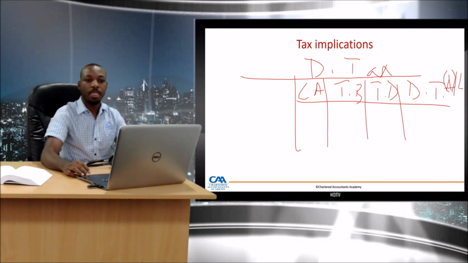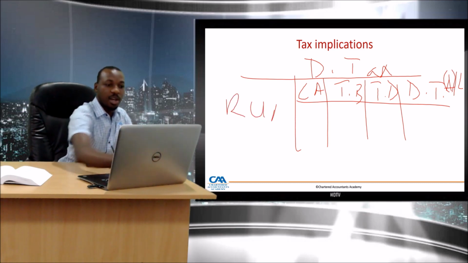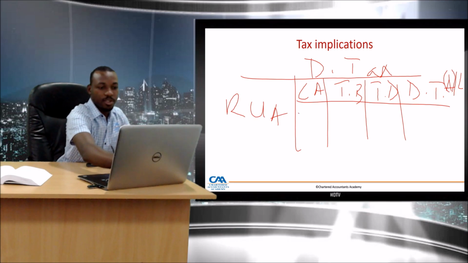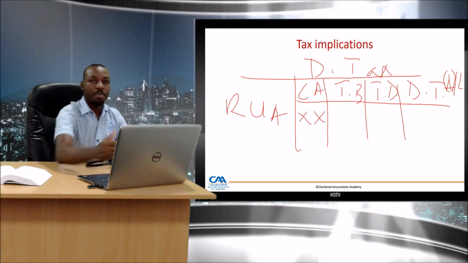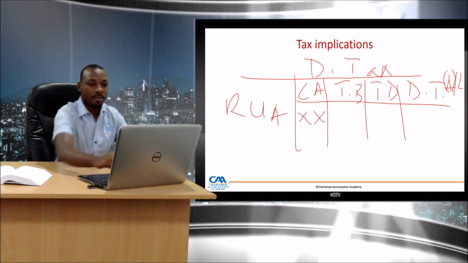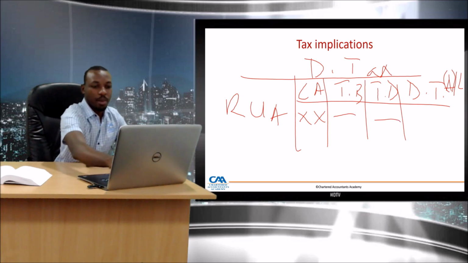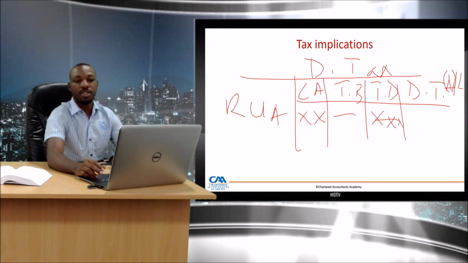So remember, if it's a right of use asset, you're gonna get your carrying amount over there, but ZIMRA has no idea what a right of use asset is. So that means your tax base is gonna be nil over here, which makes the full amount a temporal difference here.